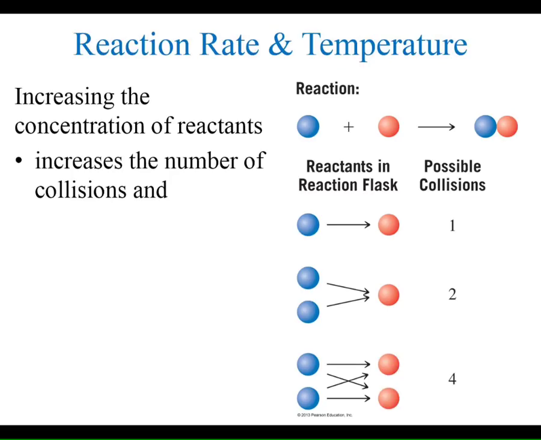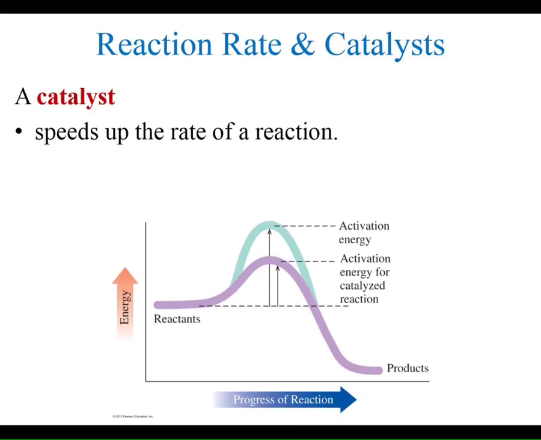Now how about this one? Add more of them, like we said. More collisions that way, right? So you add in twice as many or 10 times as many. Just getting more collisions, so you have a greater likelihood of having the right kind of collision, the right orientation. That's going to increase the rate. And the last one, the catalyst. Now, what the catalyst does is it basically takes that little hump you have to get over, called the activation energy, and it lowers it.